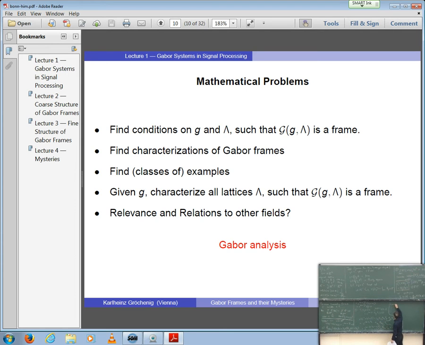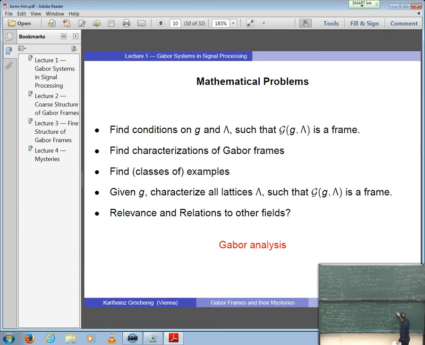Now the next lemma is known as the orthogonality relations of the short time Fourier transform. So take all functions f, g, h, gamma in L2 of R^d.